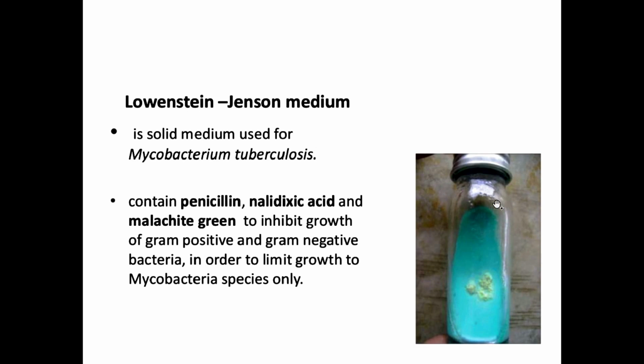Whenever we are talking about selective media used for Mycobacterium tuberculosis, we can say it is a selective culture media because it will inhibit growth of both gram-negative and gram-positive bacteria. And it will allow to grow just Mycobacteria.